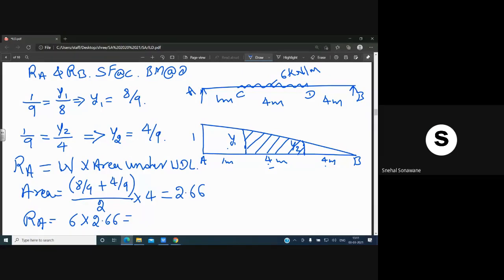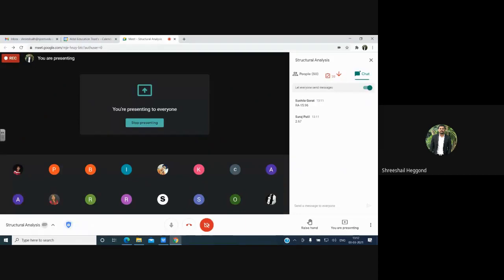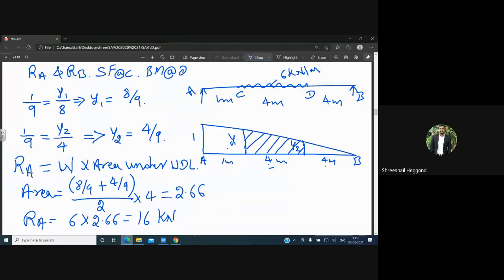It is 15.96, approximately 16. Whether it is 15.96 or 16, round figure is fine.